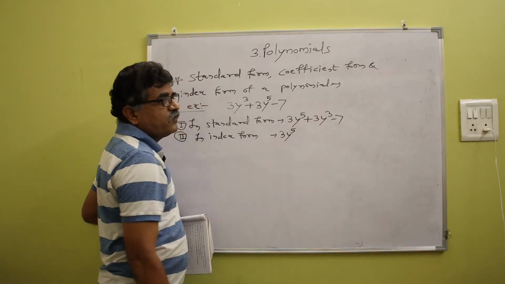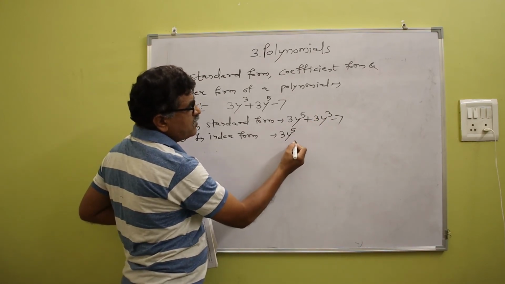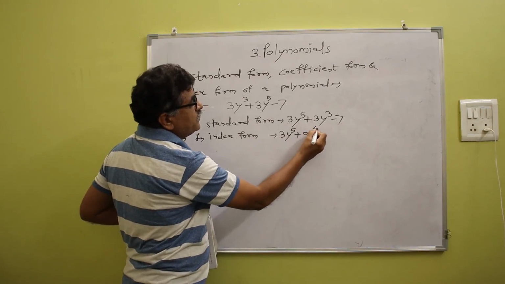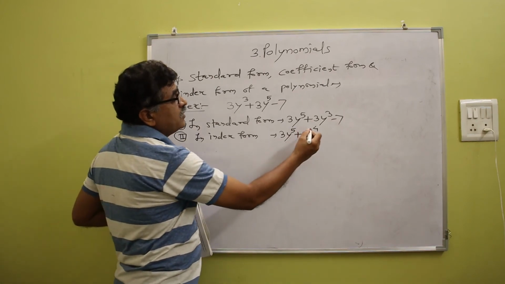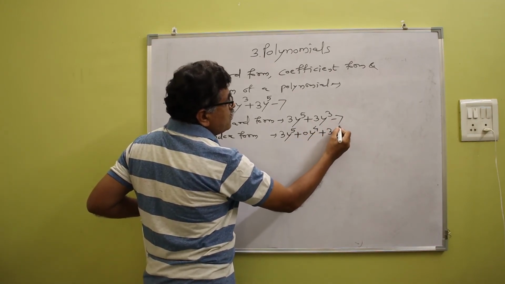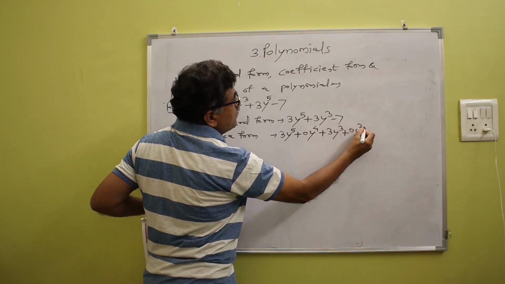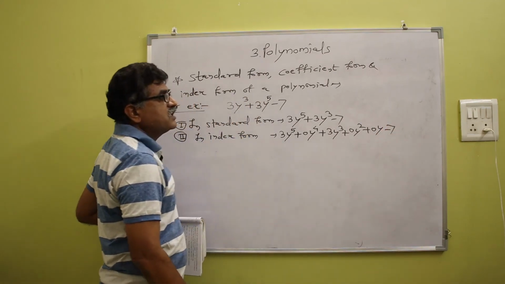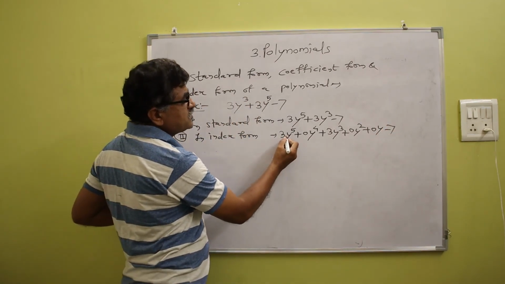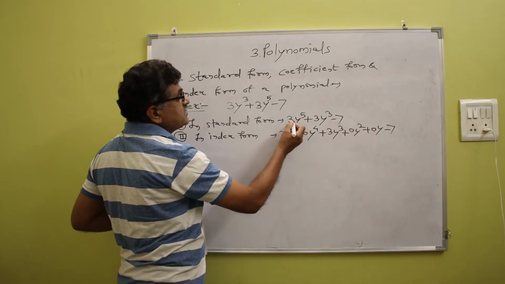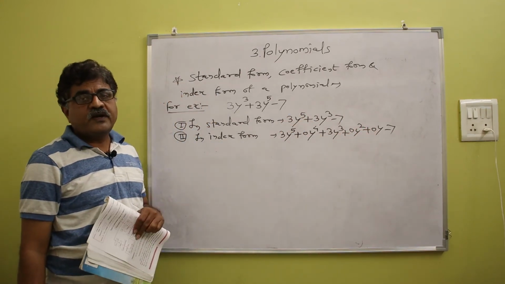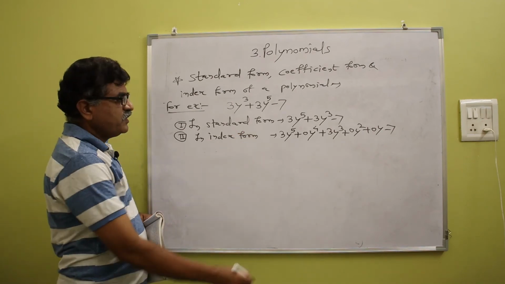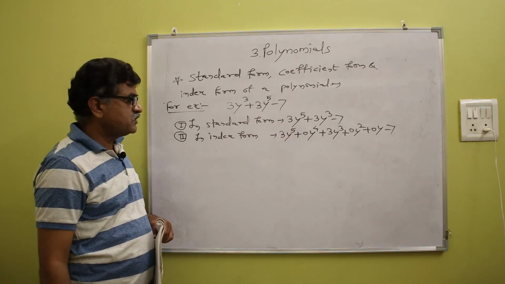Here this doesn't contain y to the power 4, therefore this can be written as 3y to the power 5 plus 0y to the power 4 plus 3y cube plus 0y square plus 0y minus constant term 7. That is, number of terms are 1, 2, 3, 4, 5, 6. Here highest power of index, that is degree, is 5, therefore it contains 5 plus 1, that is 6 terms.